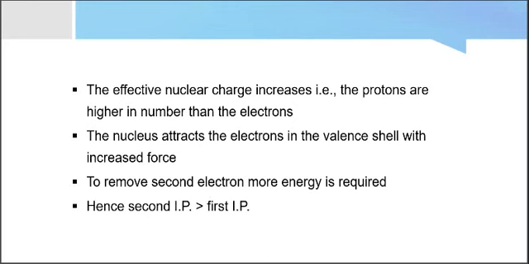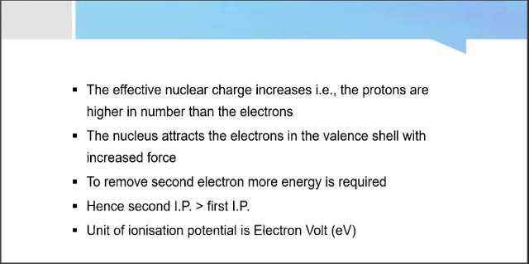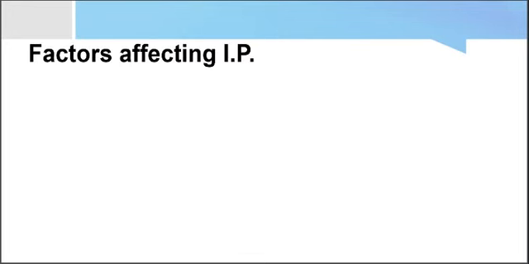So the second ionization potential is always greater than the first ionization potential. The unit of ionization potential is electron volt. There are other units for it as well, like kilojoule per mole.